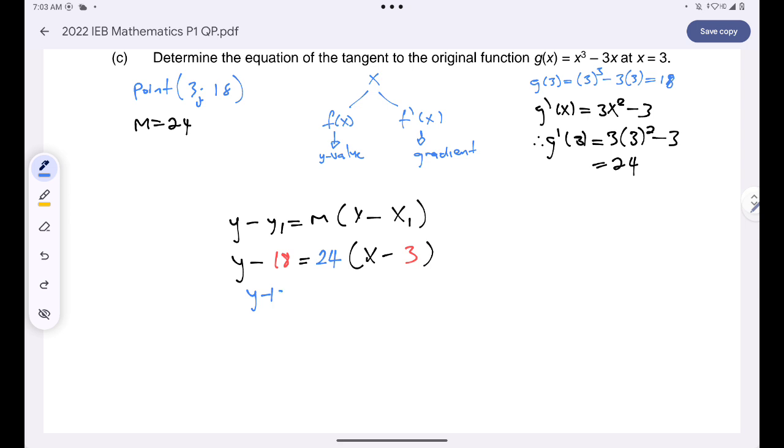So I'll have y minus 18 is equal to 24x minus 24 multiplied by 3, that's minus 72. Then y is equal to 24x minus 72 plus 18, that's minus 54. So this will be the equation of my tangent.